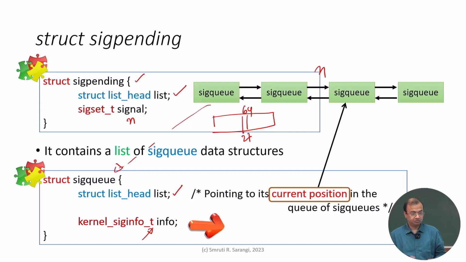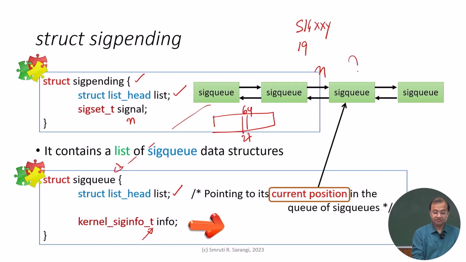Just to go one step further, assume that there is some signal, and it is signal number 19. In that case, the 19th bit in the pending signal set will be set to 1, which means that this signal is pending.